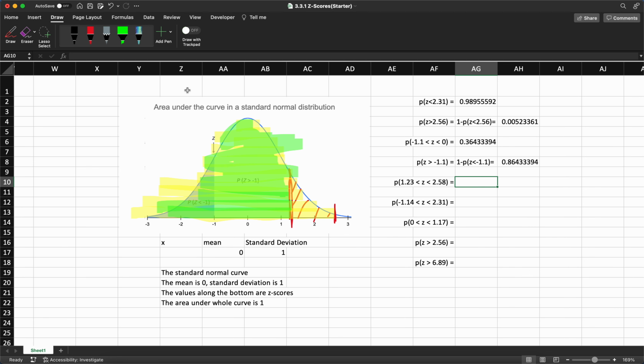So again, what we're doing to find this probability is we're taking the probability that z is less than 2.58, and we're going to subtract from that the probability that z is less than 1.23.